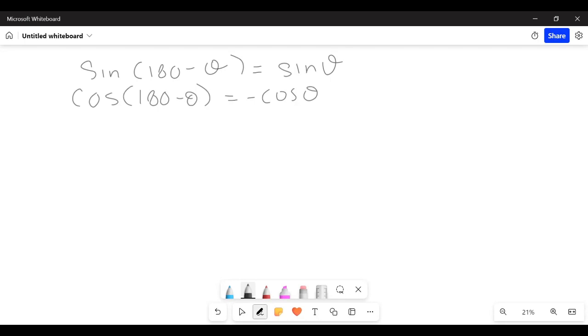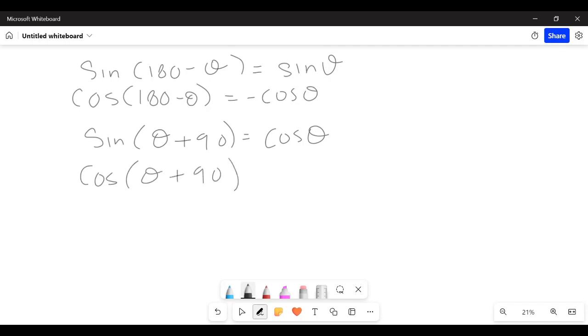Then you need to know that sine(theta plus 90) equals cos theta. Then cos(theta plus 90) equals minus sine theta.